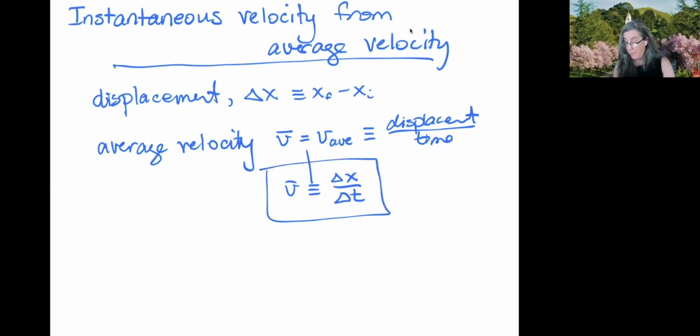So if delta x is x final minus x initial, the times that match those would give a time interval. So the time final minus the time initial would be a perfectly fine way to write that. And that'll help us out today because I'm going to do some things where I talk about x as a function of t, and it'll be really convenient to write it that way. Okay, so that's all the stuff that's gone before.